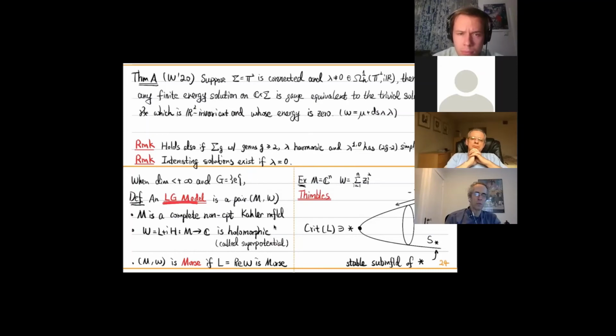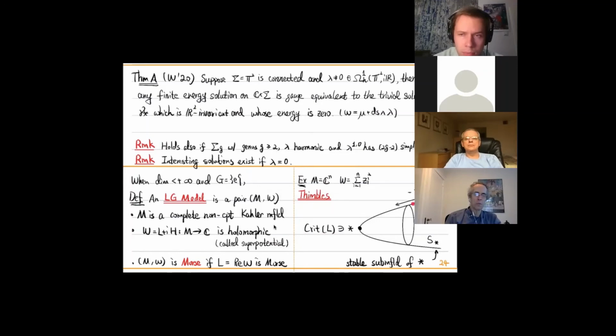A Morse LG model is also a Lefschetz fibration. And the benefit is the Fukaya category of a Lefschetz fibration is usually much easier to understand because we can work with thimbles. So a thimble is simply a stable submanifold or unstable submanifold of a critical point of the real part.